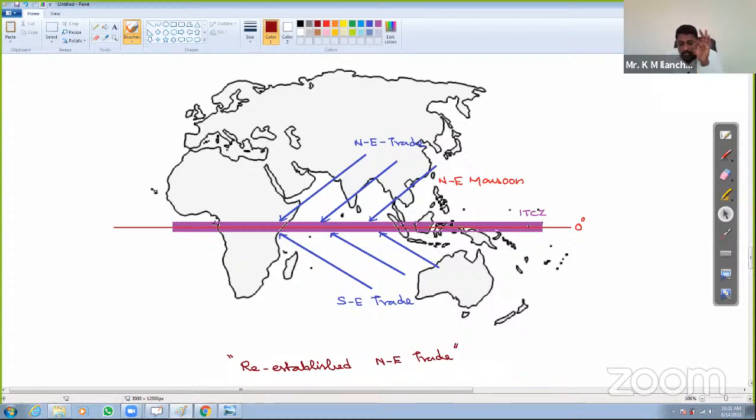This re-established northeastern trade is popularly called the northeastern monsoon.